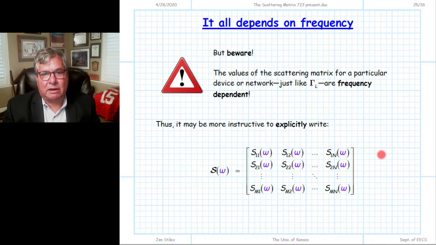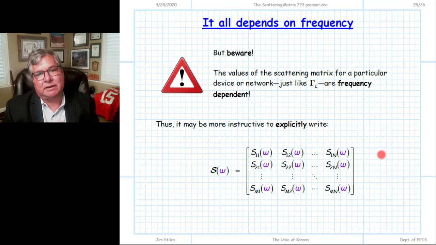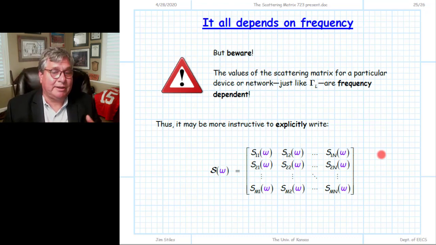So one of the things we talked about with respect to the impedance matrix and admittance matrix is that it fully characterizes a linear time invariant device. Once we know the impedance matrix or admittance matrix, we really don't need to know what's inside the blue box anymore. We have all the things that we need if we wish to determine anything external to that device itself.